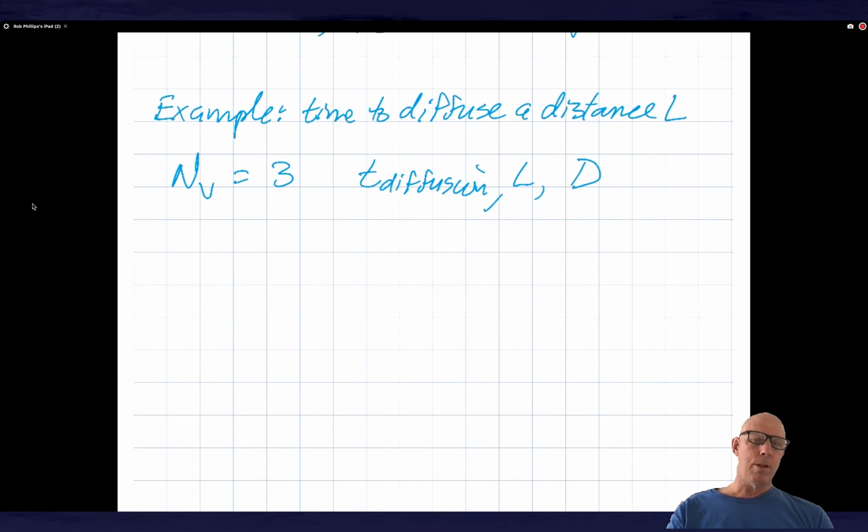In other words, there's the diffusion time, and then the length over which something's diffusing, and then the diffusion coefficient. Together, those are the quantities that we want to reason about when we think about a diffusing object.